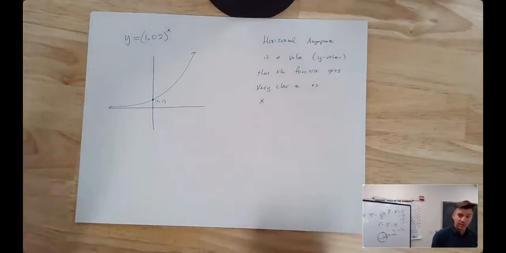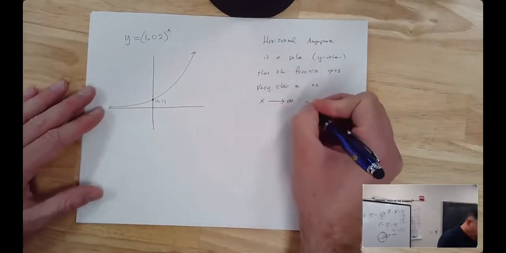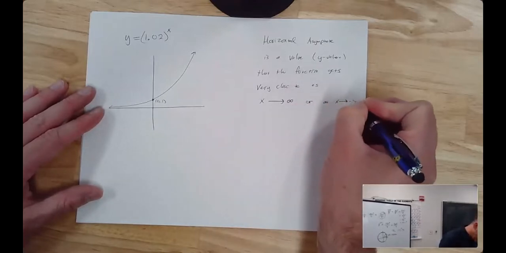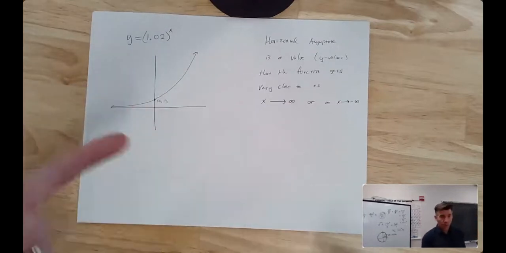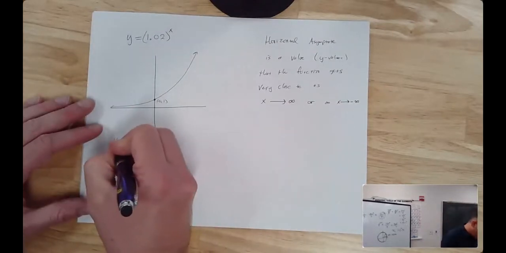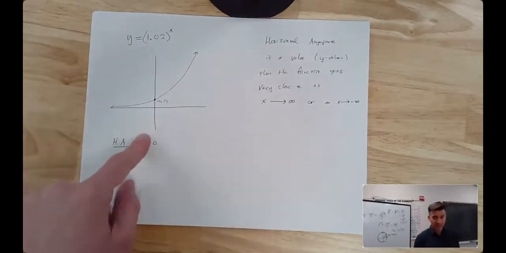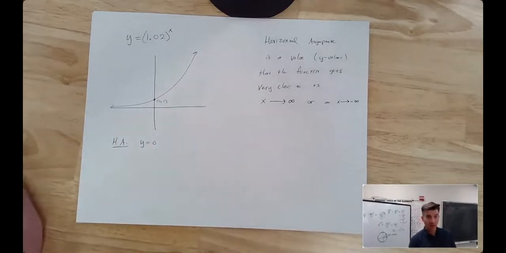So we usually say this as x goes towards infinity or as x goes towards negative infinity. So in all of our examples so far, y equals 0 is the horizontal asymptote. And in this one, it's because as x gets very, very negatively large, the y values get very, very close to 0.